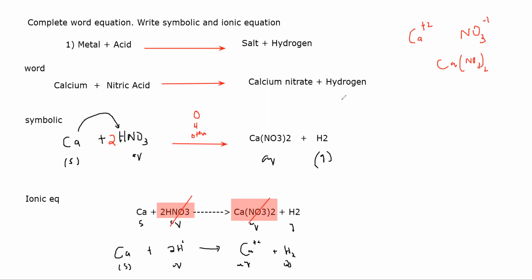So metal plus acid gives salt and hydrogen. The first thing is writing the equation. Second is what is the observation, and the third is how we can obtain a salt.